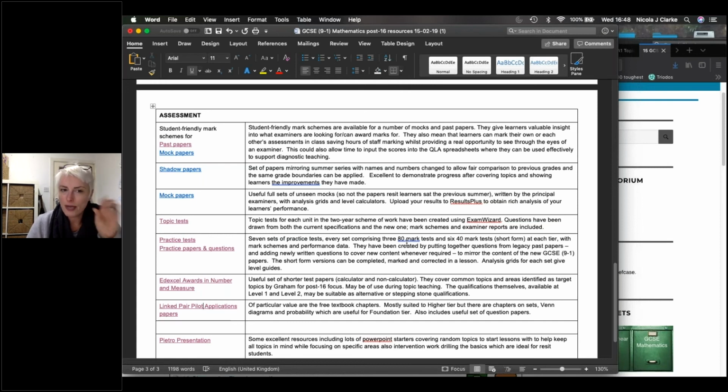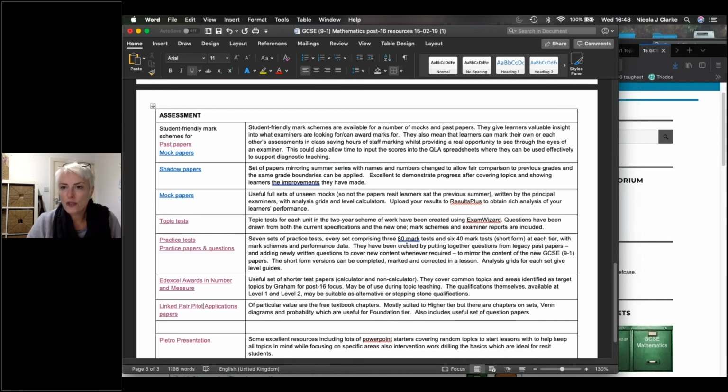You can keep harking back to, can you remember this formula? It's also really, really good for automating things like metric conversion. So once you've used some resources and done some revision on those and some directed learning, you can start each session with what's 5 kilometers in meters, and make those conversions quite snappy and quick.